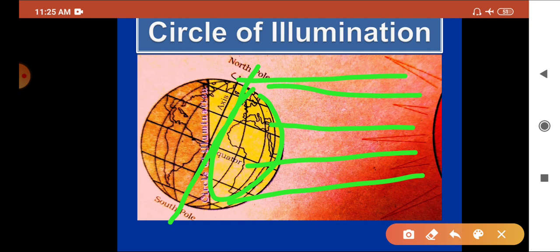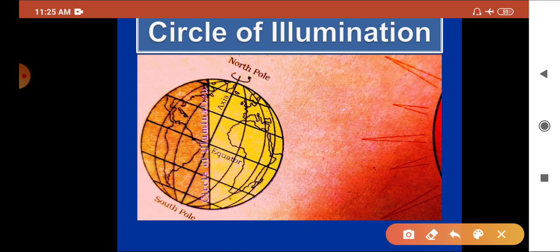Along with it, this part up to the center of the Earth, means when we see it once again, I will show you that this yellow part, exactly half of the Earth which is facing the Sun, is receiving sunlight, and the back side of the Earth is not getting any sunlight, and it is observed as night.